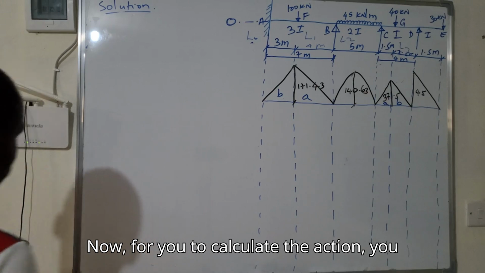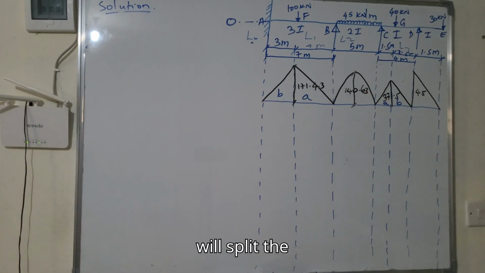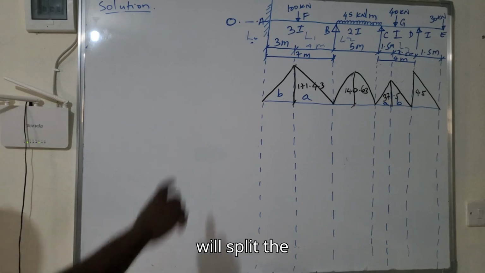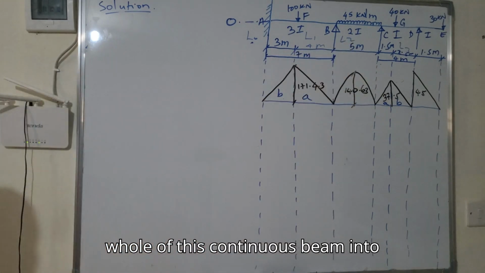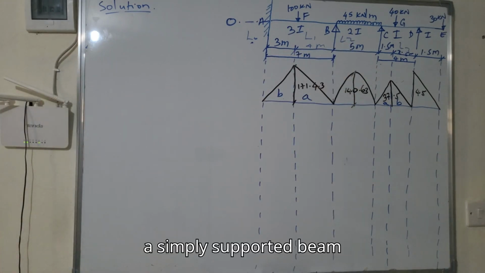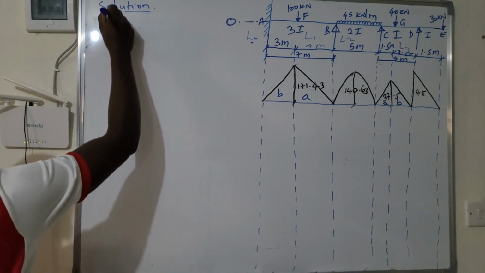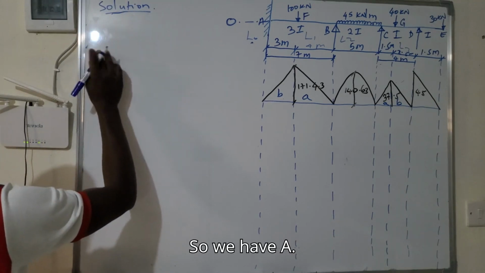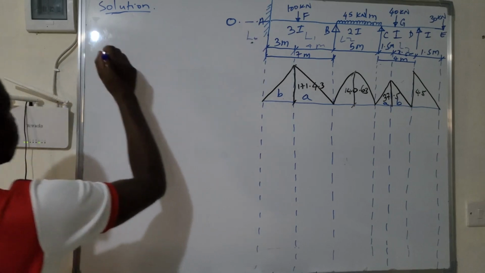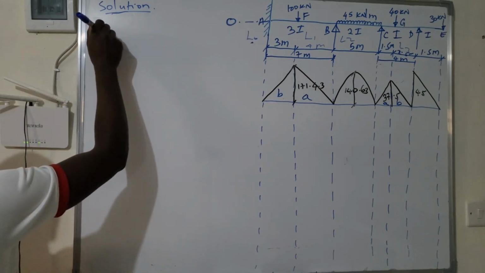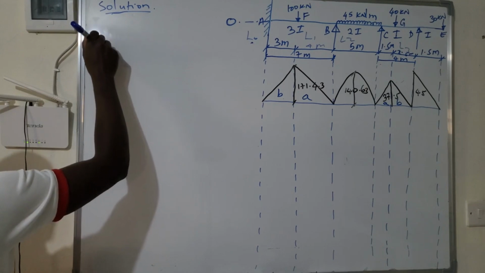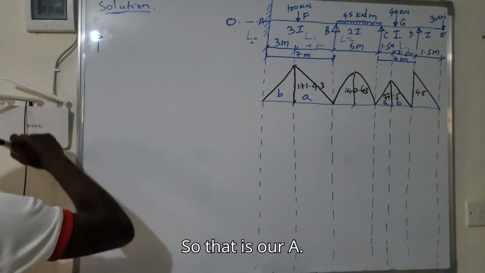Now, for you to calculate the reactions, you will split the whole of this continuous beam into simply supported sections like this. So we have A. That is our A, RA.